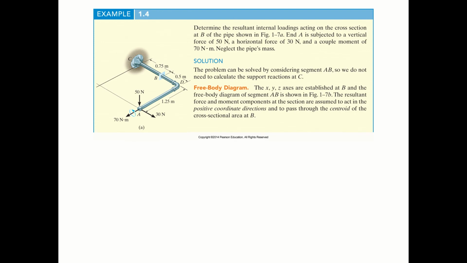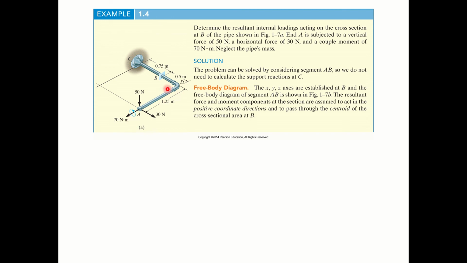Now this problem is a little bit different, since it is a three-dimensional problem. It wants us to calculate the section at B, and you can see there are three external loads: a vertical force, a horizontal force, and a twisting moment.